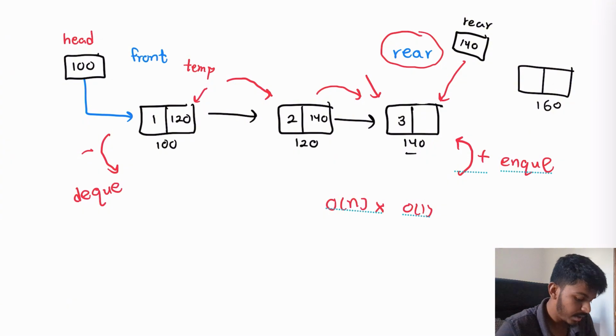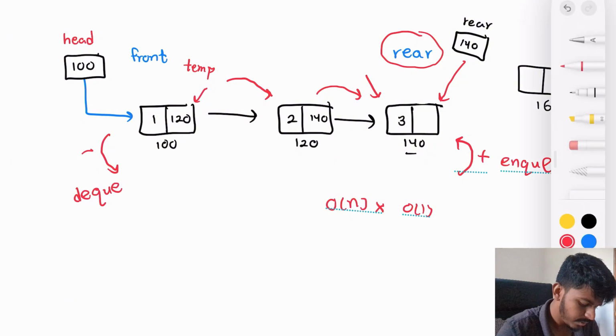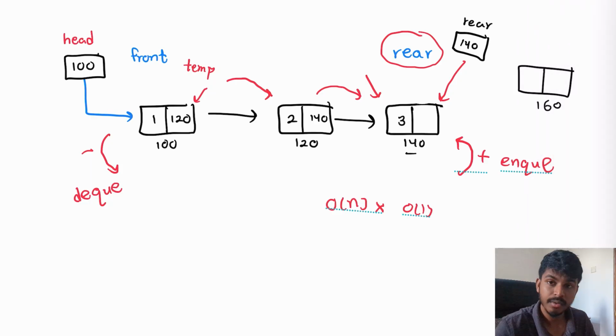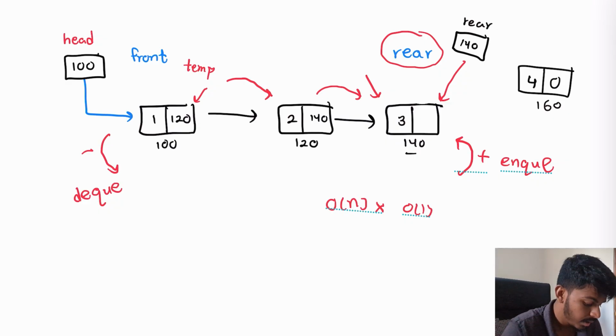Then after that, if we want to add another node that contains a data part, let's say this is 4 and this address part is null because it doesn't point towards any other node. Then what we are going to do is, there is the rear pointer that has the address.